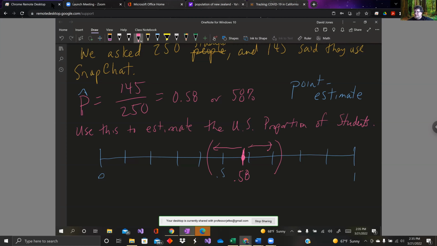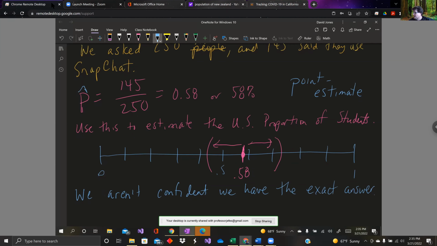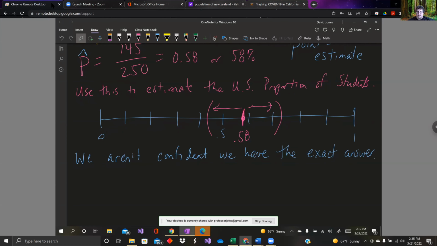We want to say it's in an interval. We aren't confident that we have the correct answer, and we likely don't. In fact, it's borderline impossible that we have the exact percentage.